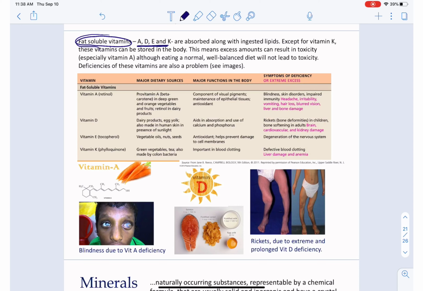They're absorbed along with lipids from the gastrointestinal tract into the blood. And what that means, if you have a multivitamin and your multivitamin has fat-soluble vitamins in it, then you should make sure to eat some source of lipids at the same time, because those lipids are going to be required to transport those vitamins across the intestinal wall and into the blood.